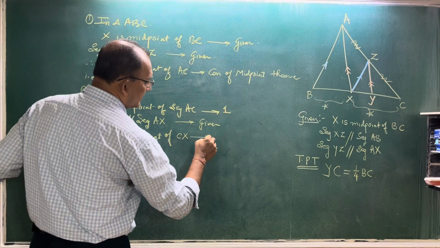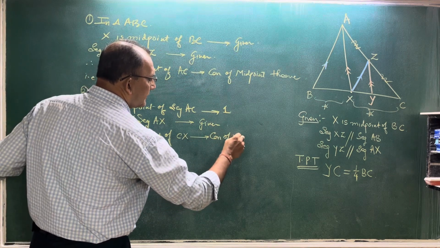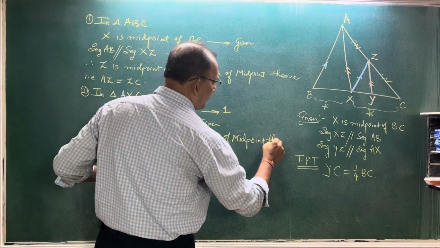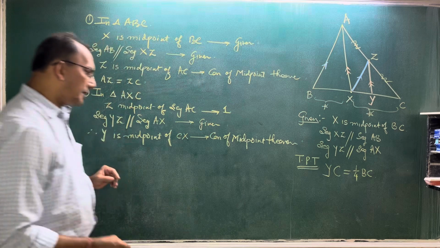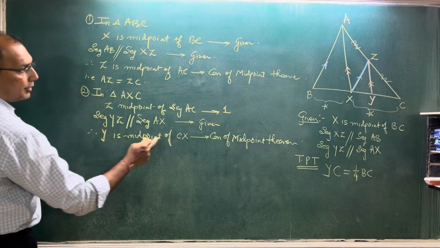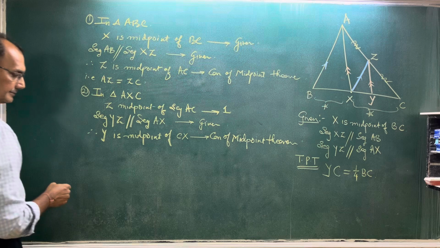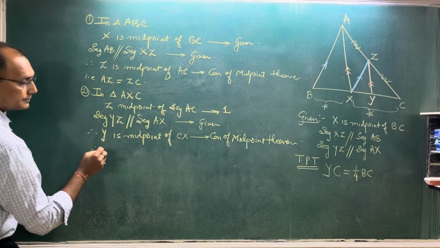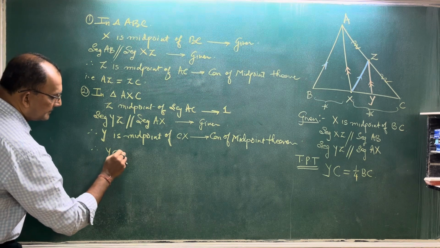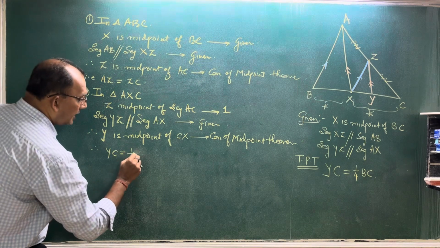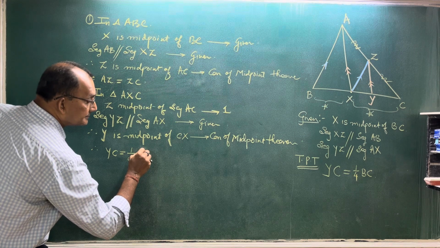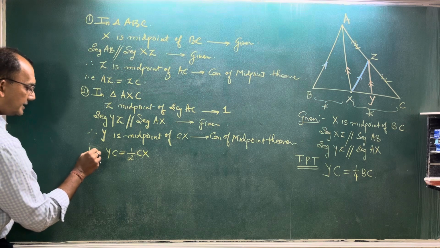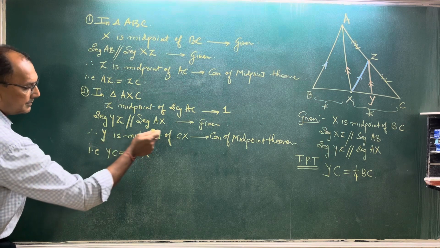Reason again, converse of midpoint theorem. Okay, so I got Y is midpoint of seg CX. This can be written in other way around. I can write therefore YC is equal to half of CX. That is nothing but YC is half of CX because Y is midpoint of CX.